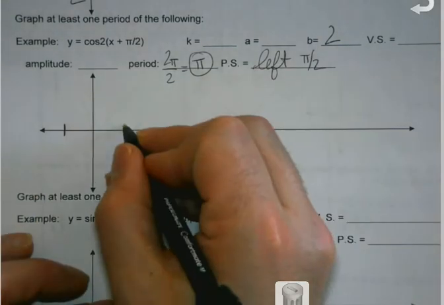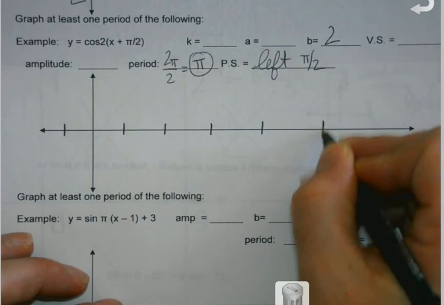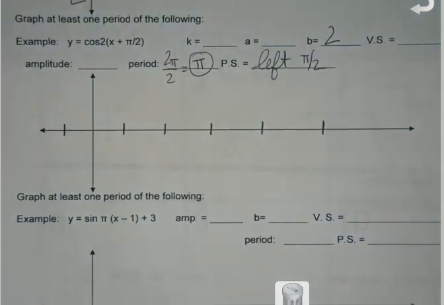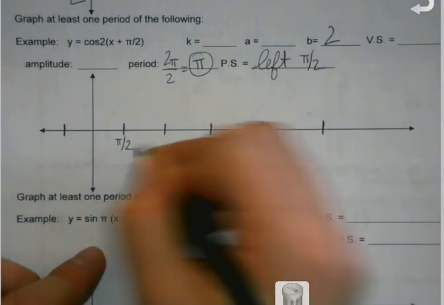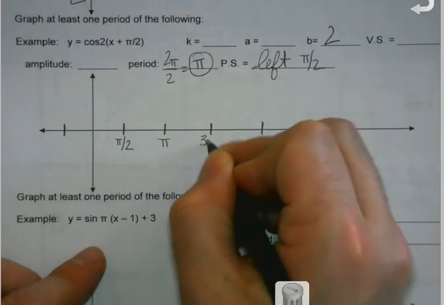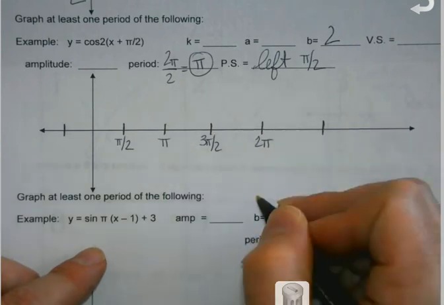So I start thinking about this. If I were to give you a normal sine or cosine graph, which is what I'm going to do here, just so we can be ready to make adjustments if we had to.